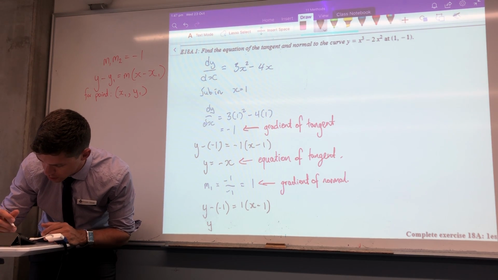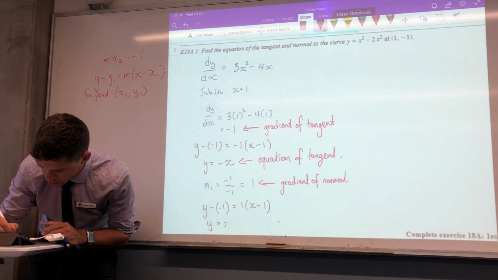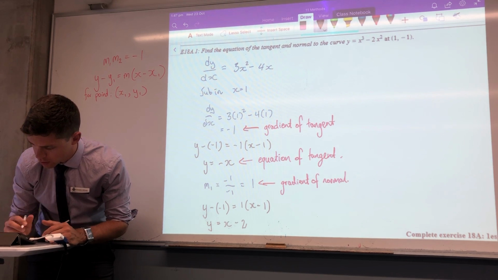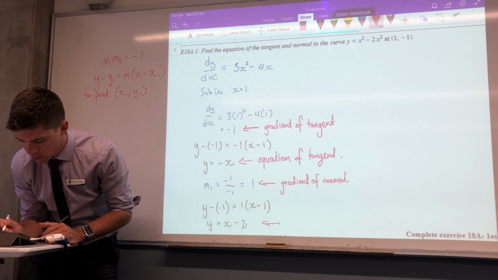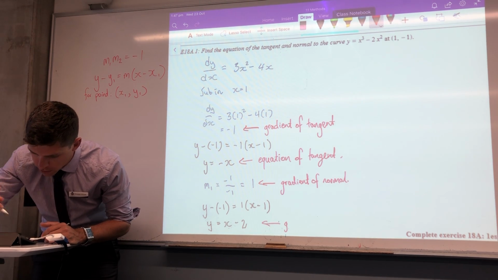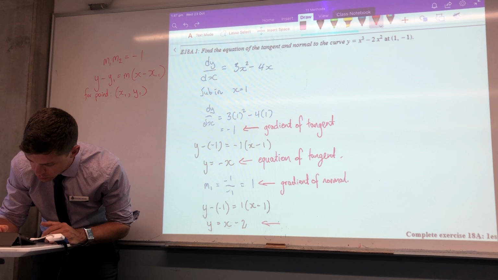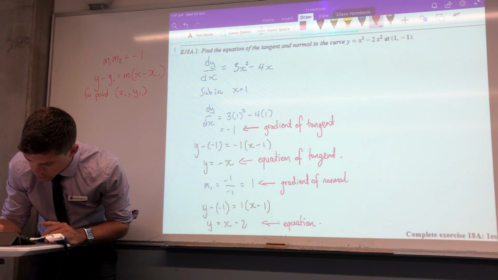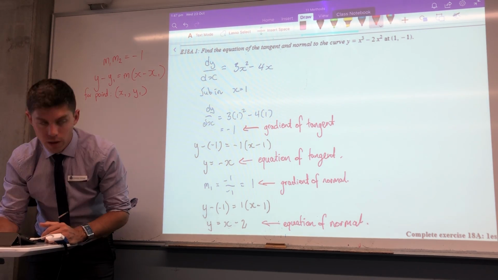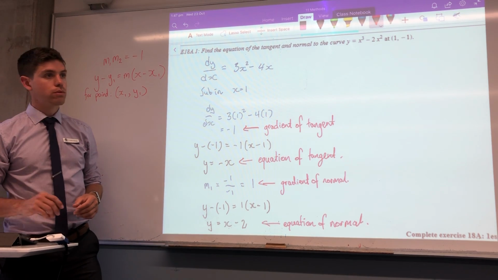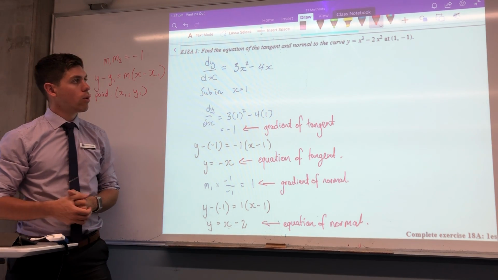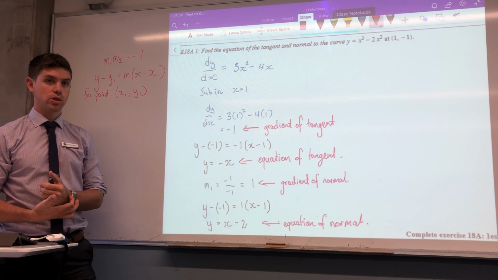So y equals x minus 2. That is the equation of the normal at the point (1, -1) for the curve y equals x cubed minus 2x squared.